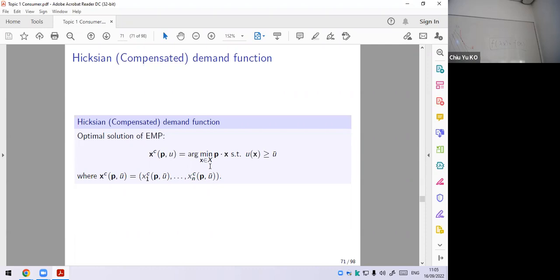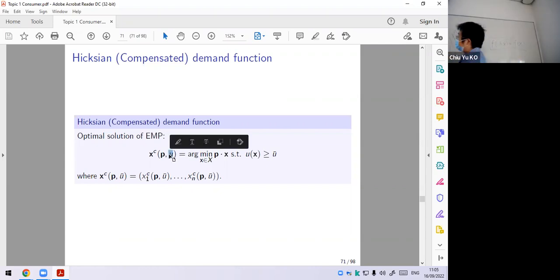And that is called the Hicksian demand. Do note that the Hicksian demand is almost the same, except that we give the utility U. Oh, typo. That should be U bar here, because this U bar is a number. Sorry for the typo.